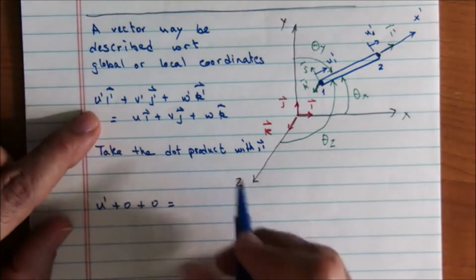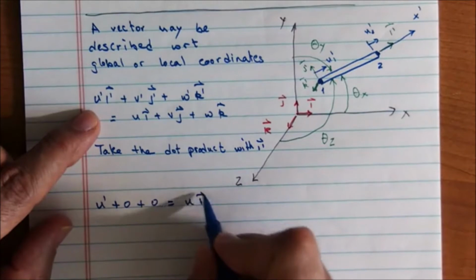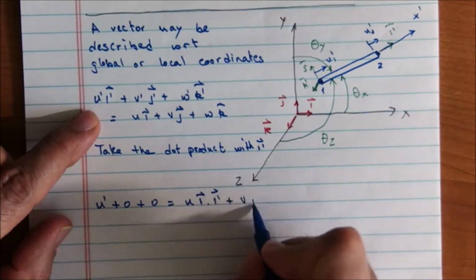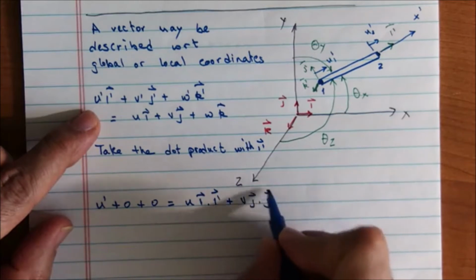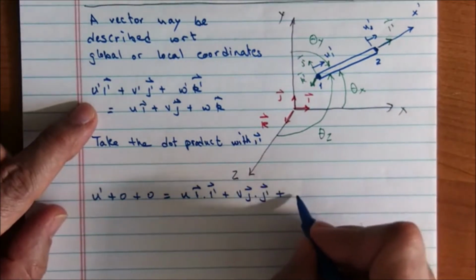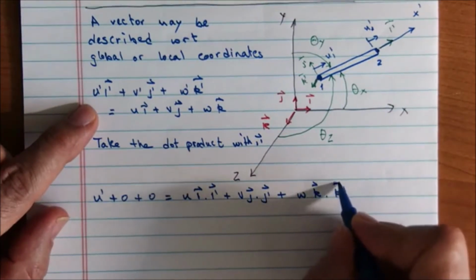And then on the right side, I'm going to get U I dot I prime plus V J dot J prime plus W K dot K prime.